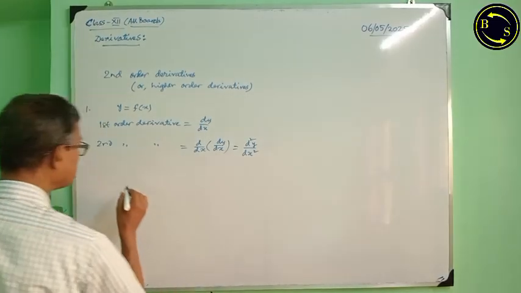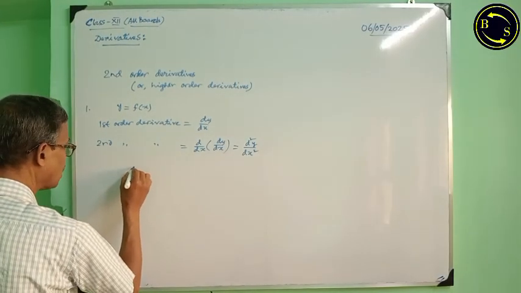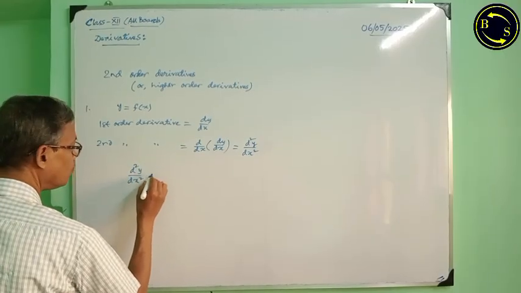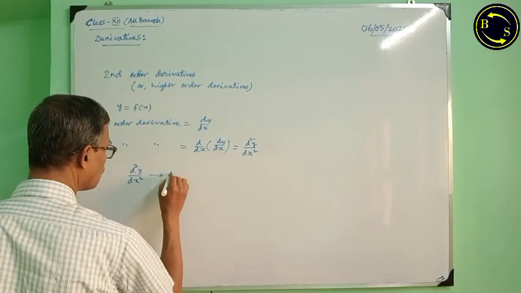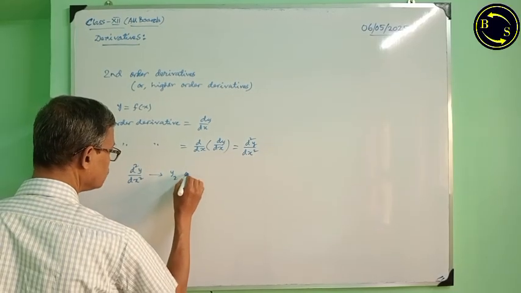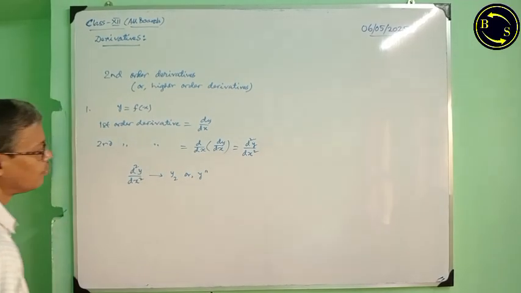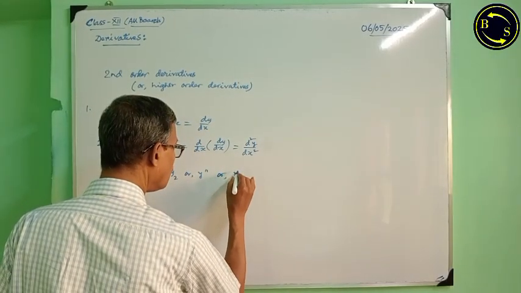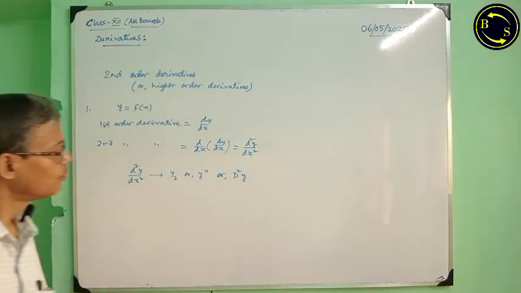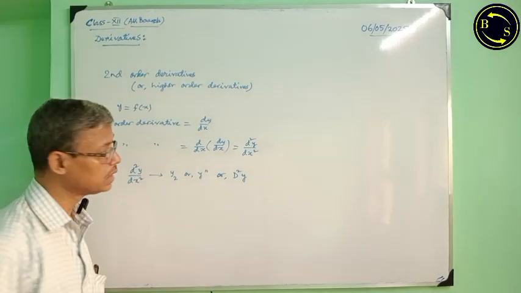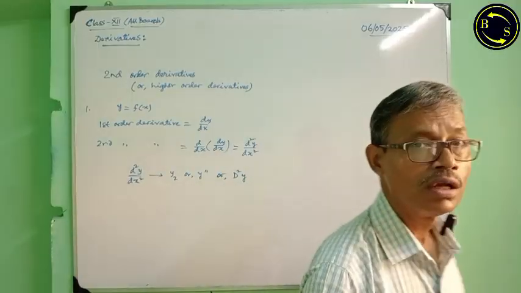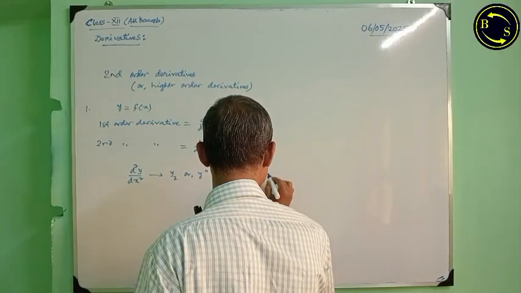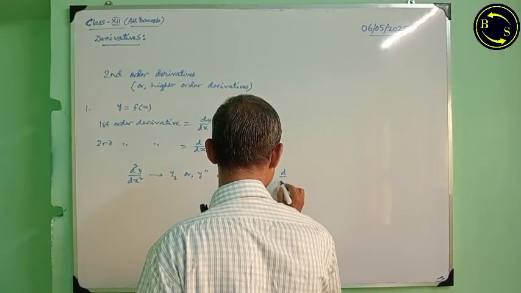Other forms are other symbols or notations: y2. If we use y, here I have used D2, capital D2, where capital D is d/dx.